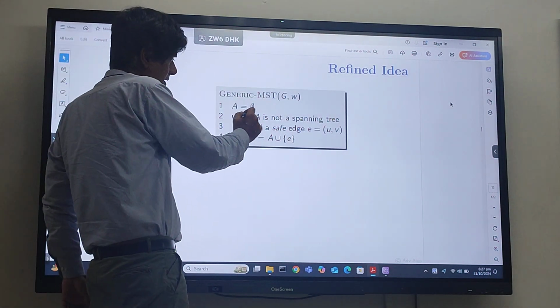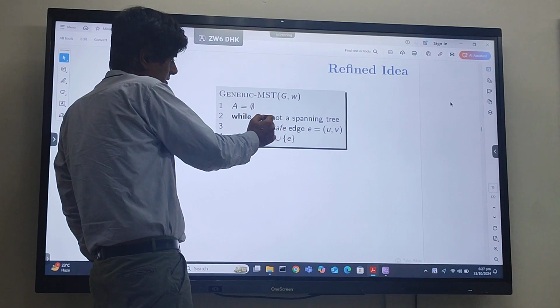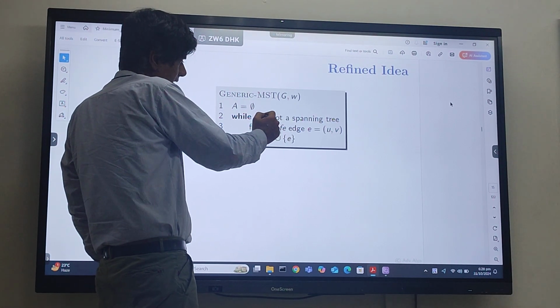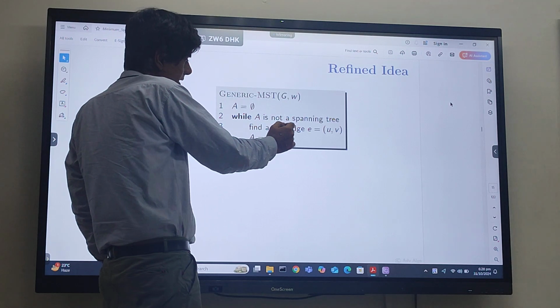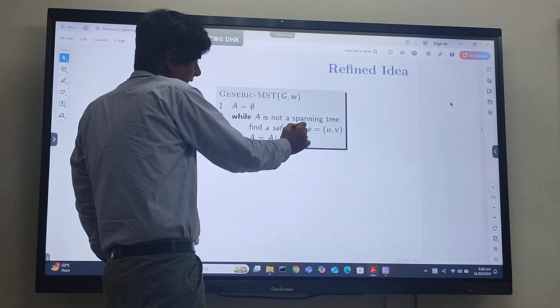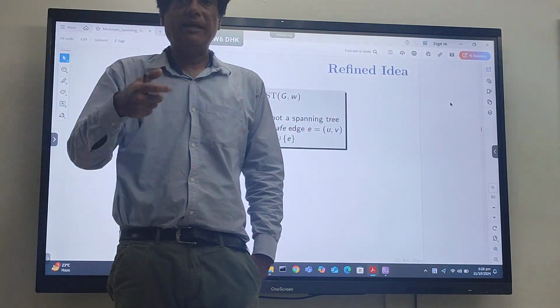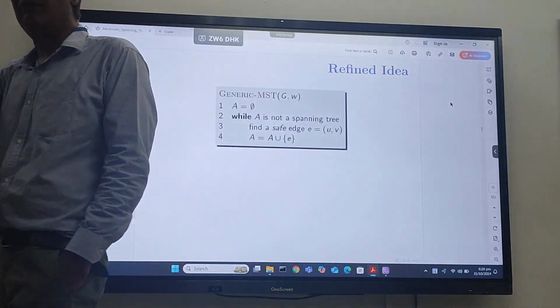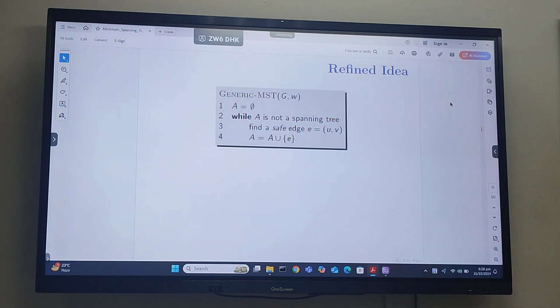Then we have a loop which checks: until A is a spanning tree, we find a partition, then find a safe edge. Finding a safe edge means first finding a partition, checking that it respects A, then finding the minimum weight edge, and that is the safe edge. We call it E, and then we include it in A. So in each iteration, one edge is included in the minimum spanning tree that we are constructing one by one.